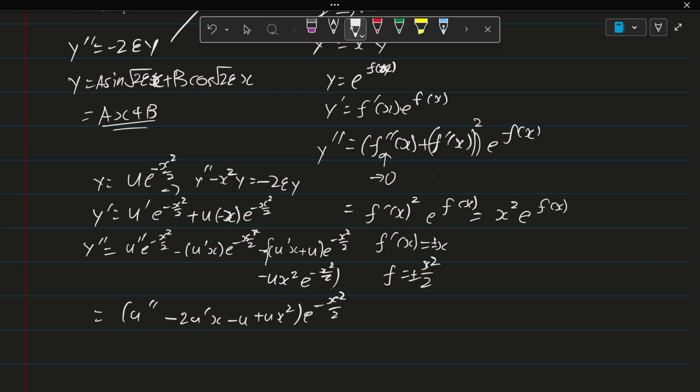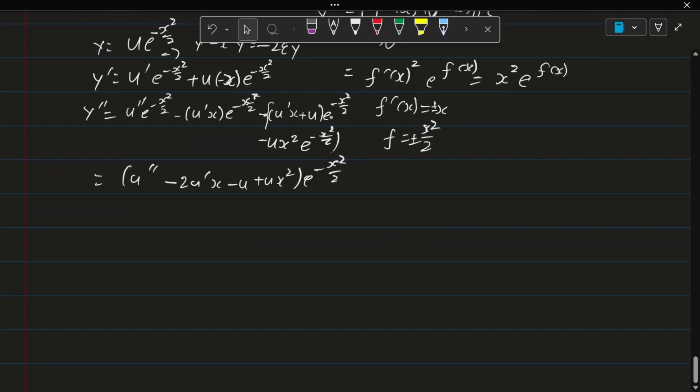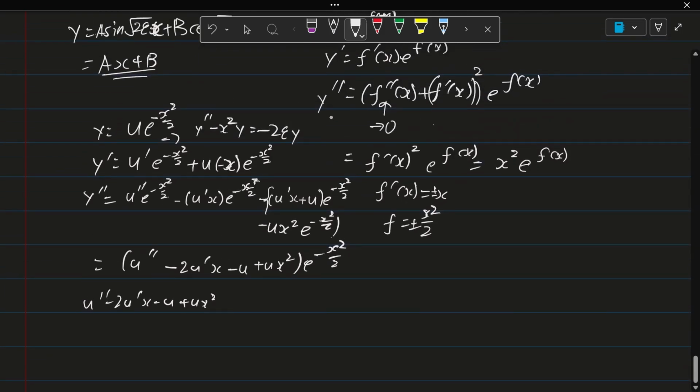And so this is just some derivatives, right? And so if you now put it again into the differential equation, just by substituting this, you would get u double prime minus 2u prime x minus u plus ux squared. And we'll just factorize off the e to the power negative x squared over 2. And so you would also have the minus x squared there of the original function, so it's just u.